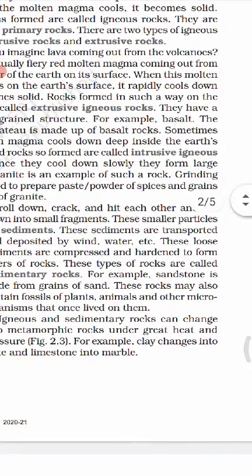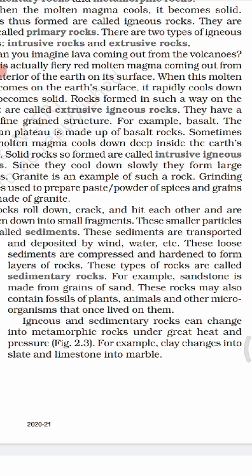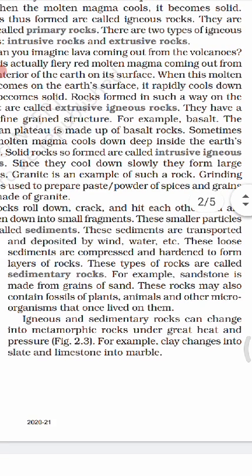Example: sandstone is made from grains of sand. These rocks may also contain fossils of plants, animals, and other microorganisms that once lived on them.